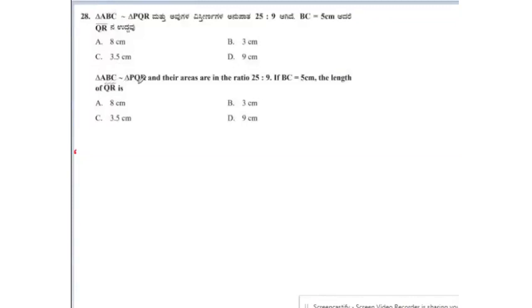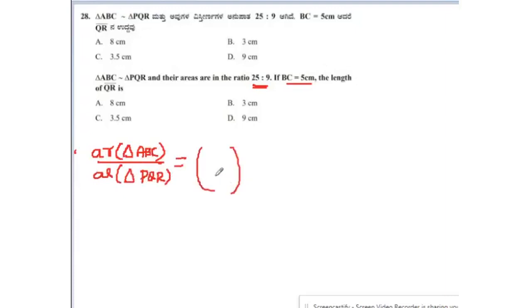Triangle ABC is similar to triangle PQR and their areas are in the ratio 25:9. If BC is 5, then the length of QR is. We all know the basic theorem in triangles: area of triangle ABC by area of triangle PQR is equal to the ratio of the squares of their corresponding sides.